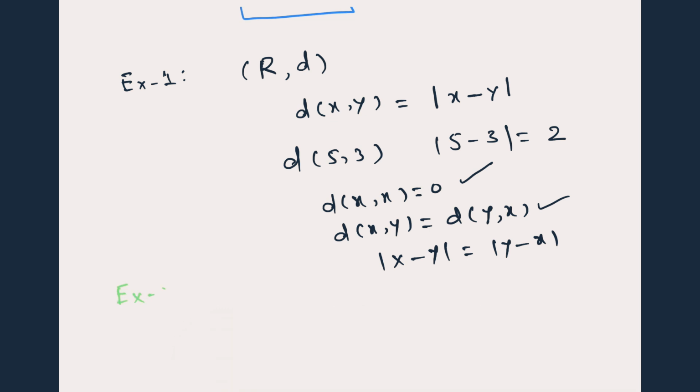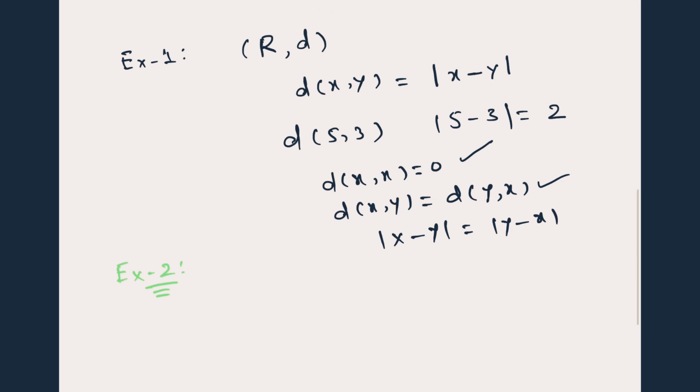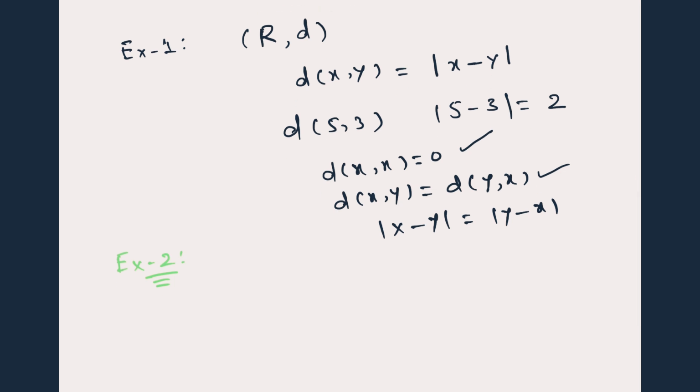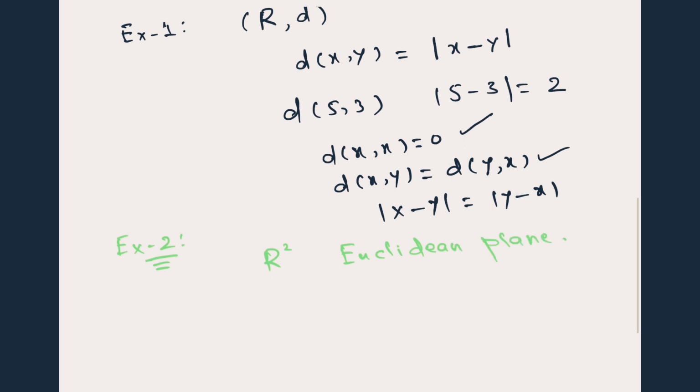The second example is the Euclidean plane R2. In this case, let me say we have 2 points in the Euclidean plane, P1, which has coordinates x1, y1, and P2, which has coordinates x2, y2.